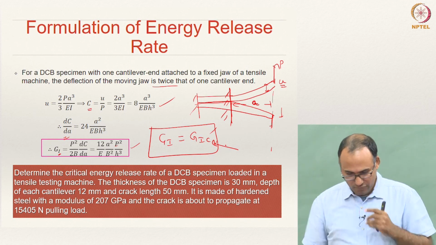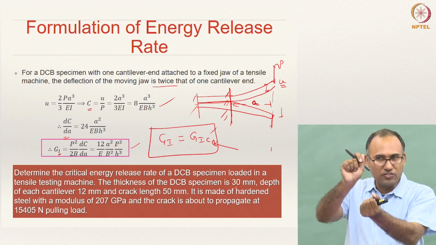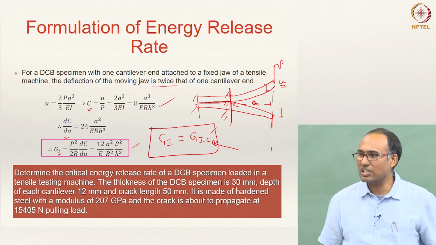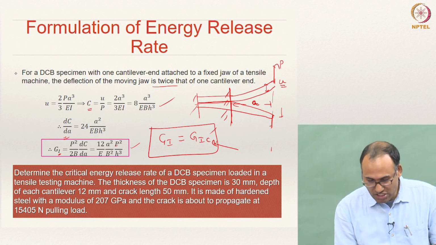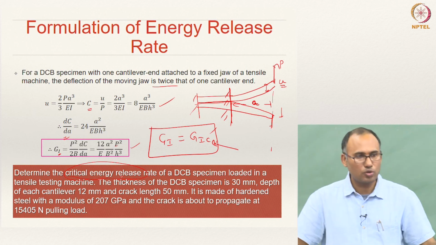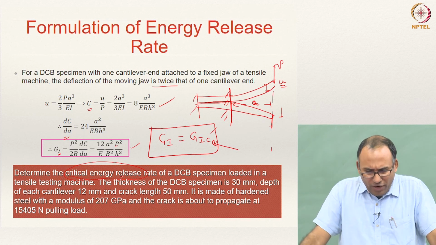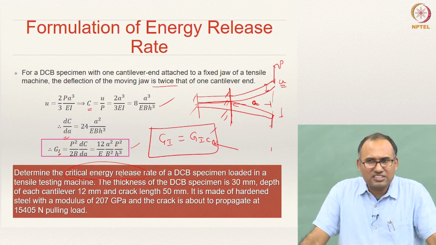Okay. So here he is saying that this is the force at which the material is about to give in. That means that is your critical energy release rate. That is why the question asks you to calculate critical energy release rate, because that is when the crack is ready to grow. You can plug in these numbers and you will be able to figure out what this number is. What is the unit of energy release rate, by the way?